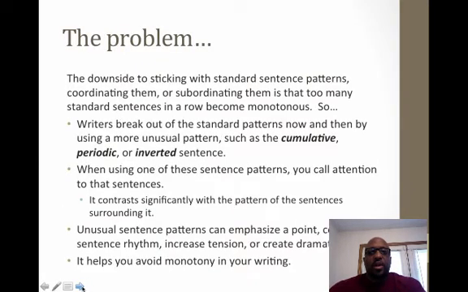So the downside with standard sentence patterns or coordinating them is that sometimes it becomes a little bit monotonous. So we want to break out of the monotony in our writing and use cumulative, periodic, and inverted sentences. And these are types of sentences that you can use within your narrative essays.